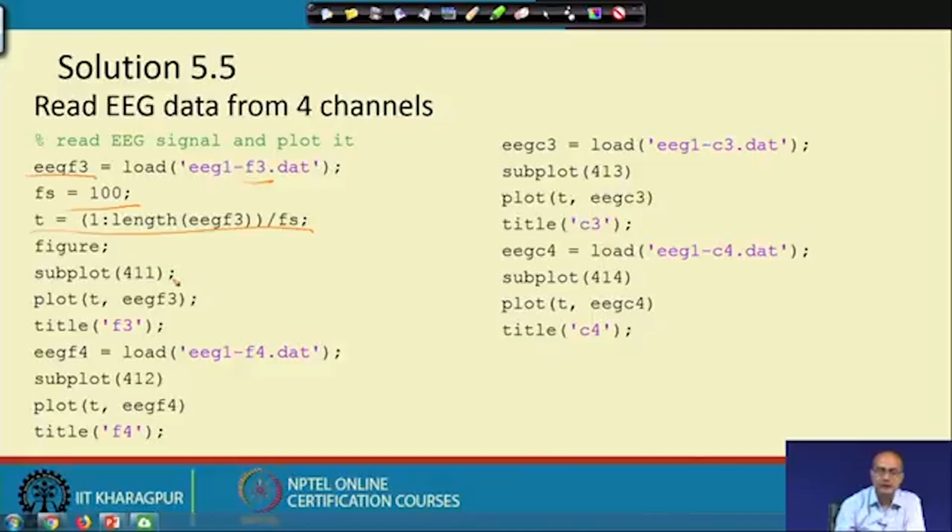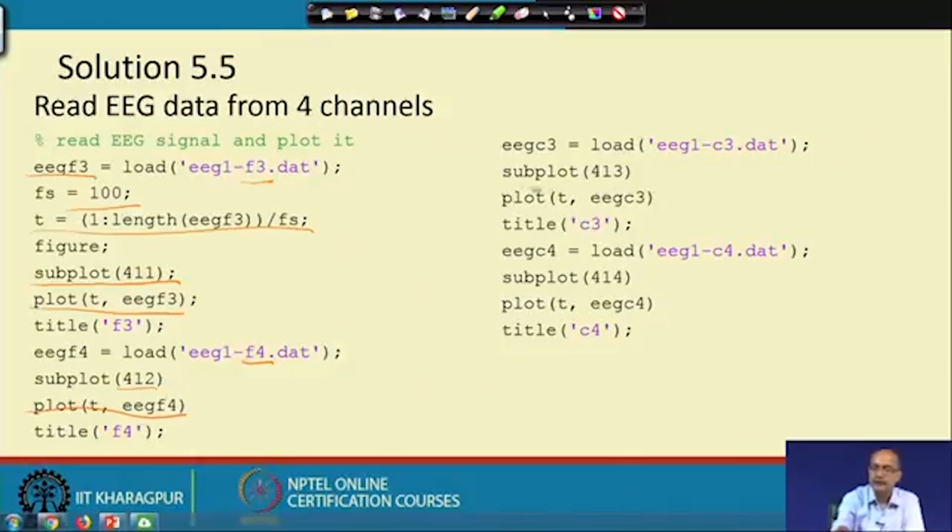To plot all the signals, we divide the plot area into 4 parts with the subplot command. First we plot F3, then we read F4 and plot F4 in the second row.